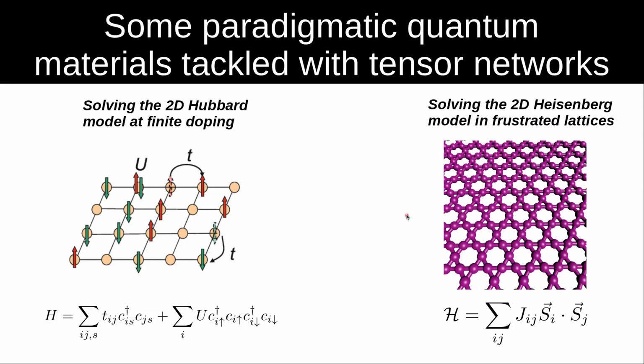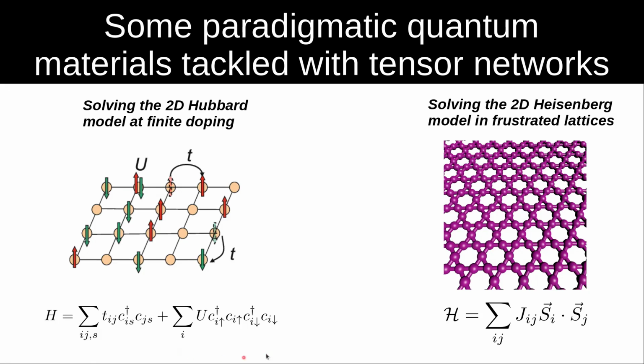And in particular, if you think about the two-dimensional Hubbard model, including doping and including second neighbor hopping, that essentially gives rise to unconventional superconductivity, it has been solved with tensor networks. And the most accurate results are performed with matrix product states.